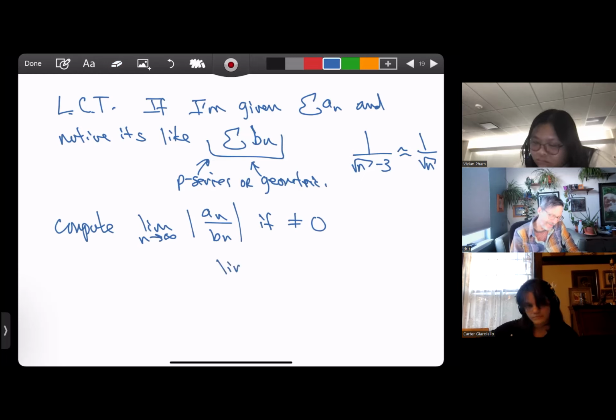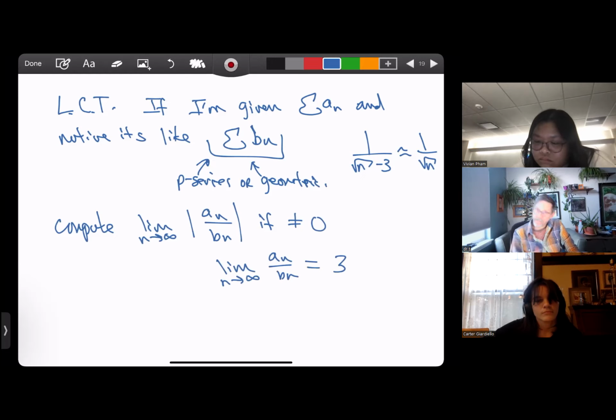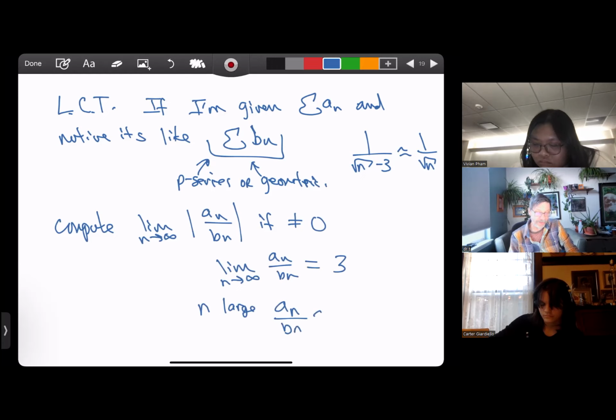Let's say that this limit is equal to 3. What that means is that when n is large, because that's what going to infinity means, a sub n over b sub n is approximately 3. And the bigger n gets, the closer I get to 3.